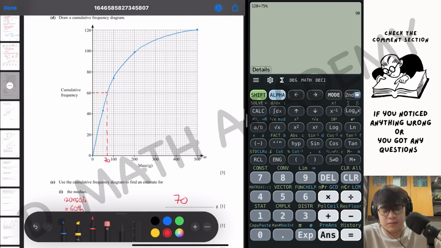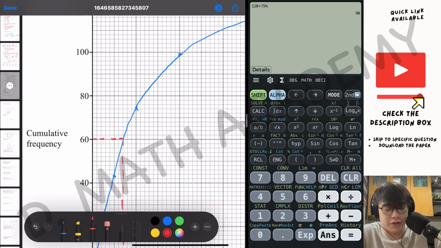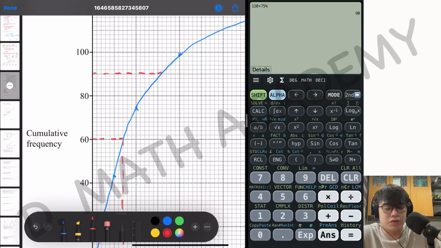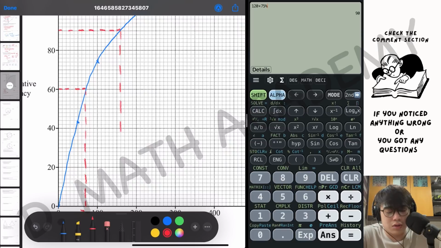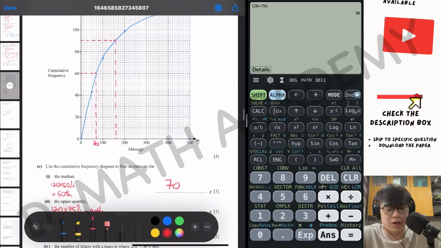Okay, at 90th, when you trace it down, the result will lead you to 112, I suppose. Okay, we'll pass through 110 and then go up by 2 more. So this will be 112.